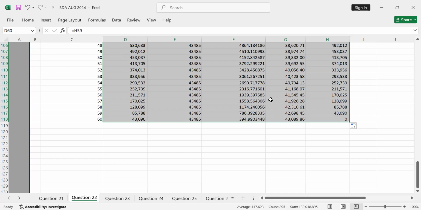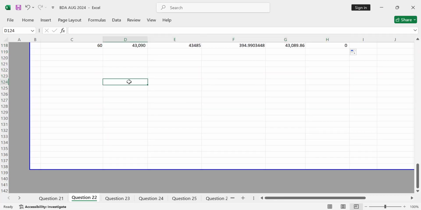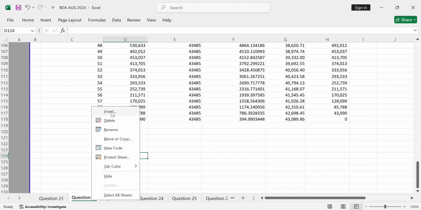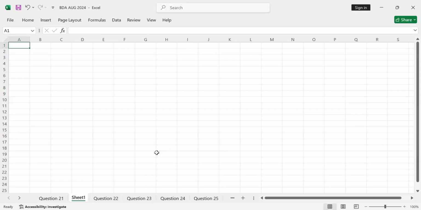So I can also give another example here before we go to the continuation of the question. What is required? We can just review another one. Let me just have it in a new sheet. Just insert.